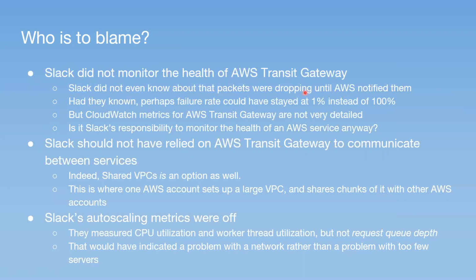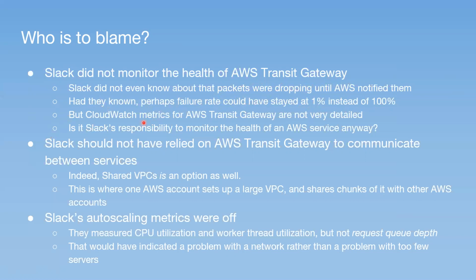Maybe they did think of it, but it wasn't on their priority list that the Transit Gateway might not have scaled up properly. But had they known that packet losses were happening and that the Transit Gateway wasn't working properly, they might have been able to stay at 1% failure rates rather than 100% failure rates.